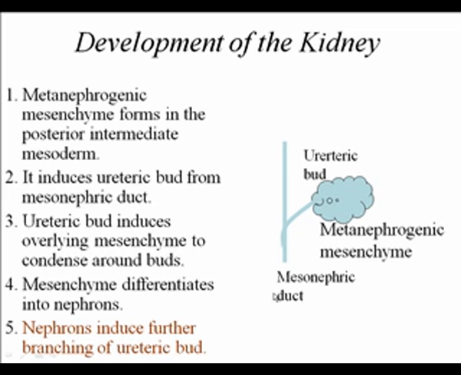So the nephrons then are going to develop, and what they're going to then do is allow for further branching of the ureteric bud. As I said, the ureteric bud then is going to develop into the renal pelvis, the calyces, and then the collecting tubules.